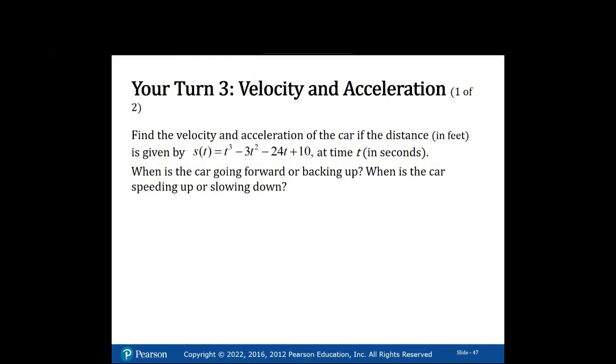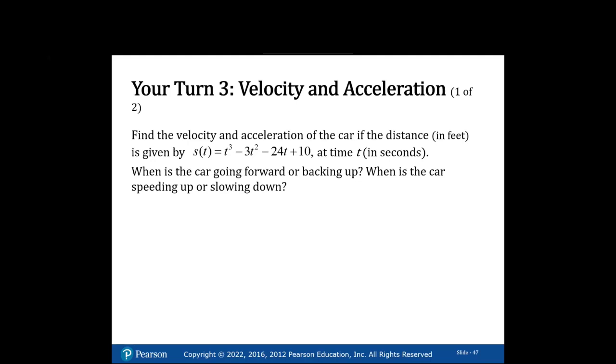So am I going to be hitting the gas or am I letting off the gas, basically, is what's going on here. So now that we have this position equation that tells us about the distance of a car in feet at time t seconds, we can find out when is the car going forward or backward, and when is the car speeding up or slowing down.